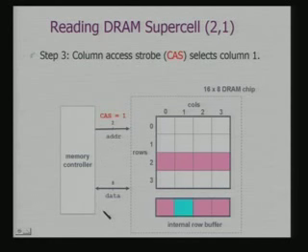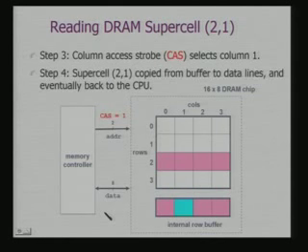On the basis of this column address you select the internal cell in the row buffer, and then it is copied from the buffer to the data lines, and eventually back to the CPU via the memory controller. This is a typical read operation for DRAM.